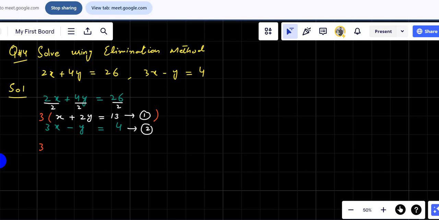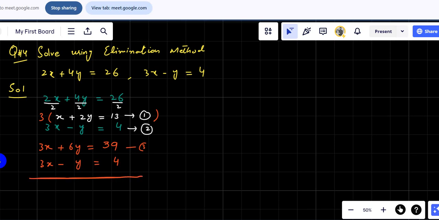So the new equation will be 3x plus 6y equals 13 times 3. What will be 13 times 3? Yeah, 39. So equation 2 is 3 times x, subtract y equals 4.